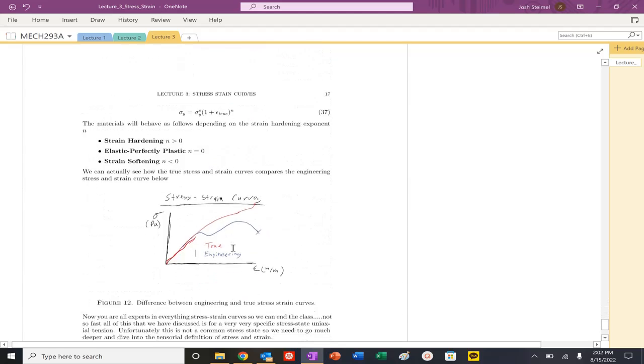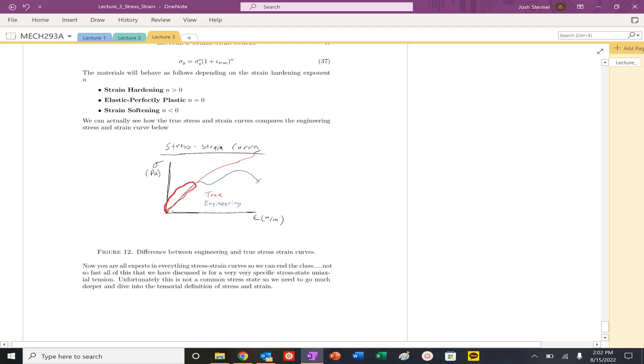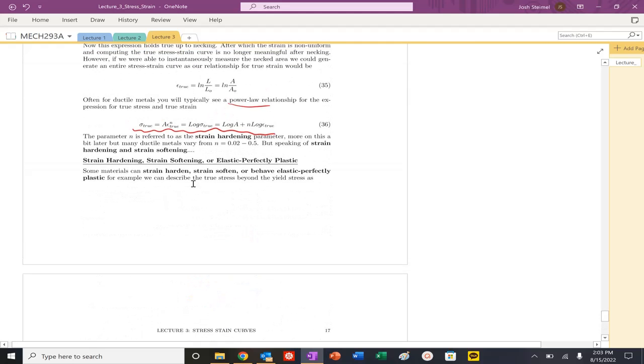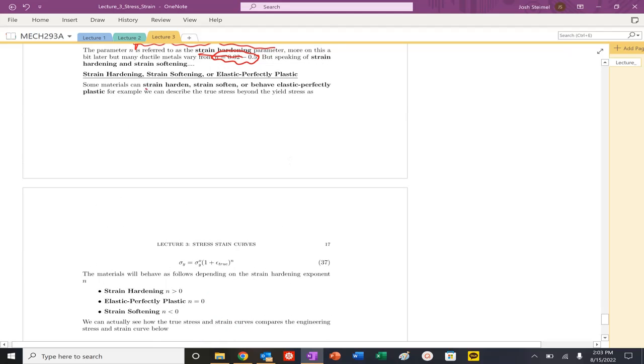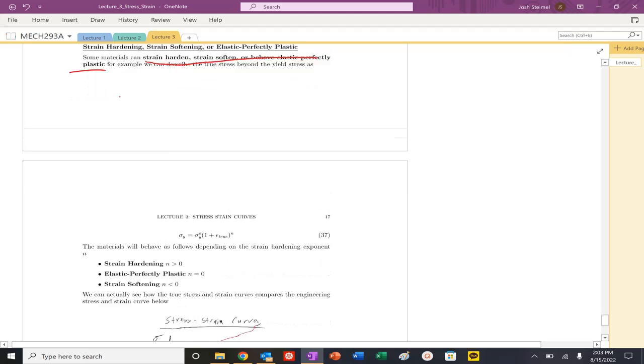My true stress and true strain are exactly the same up until the point where we yield. And that's where this strain hardening parameter, this N, is going to be important later, but that value will vary. It's this power law relationship. So materials can strain harden, strain soften, or behave perfectly plastic, as we saw previously.